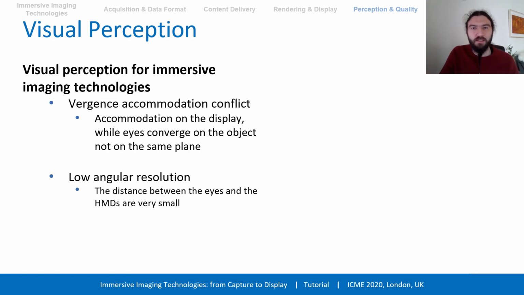Since in most cases we are considering the visualization of 3D objects on still planar or piecewise planar surfaces, the limitations of traditional stereo 3D imaging are valid here as well. One such limitation is the vergence accommodation conflict. To see a 3D object in the real world, our eyes do two different things.